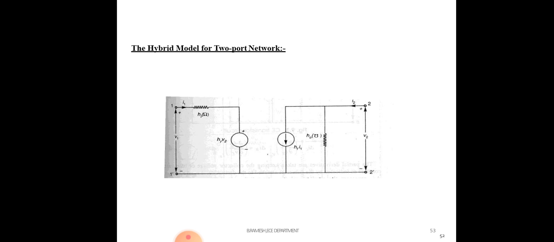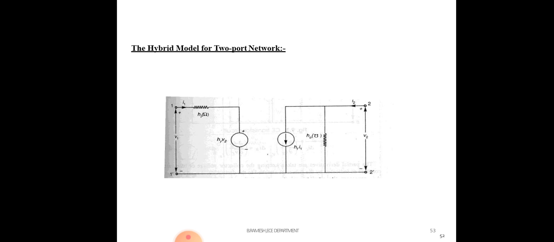The third letter represents the configuration. Hie means common emitter configuration; Hib is the common base configuration; and for Hic, the third letter is C, representing the common collector configuration. The second letter represents the particular parameter, for example current gain, voltage gain, input impedance or output impedance.